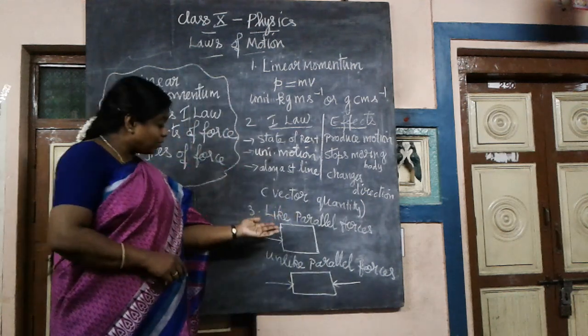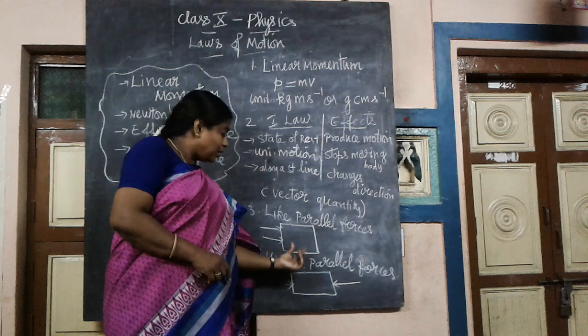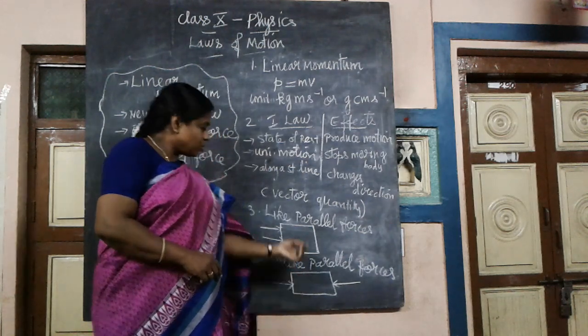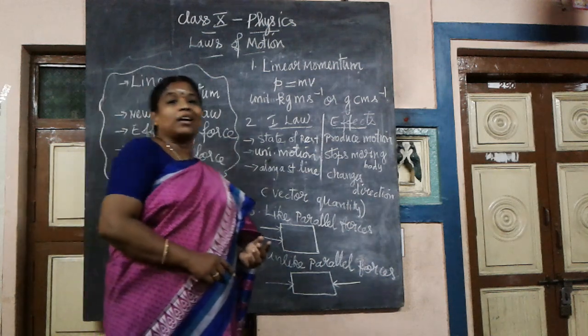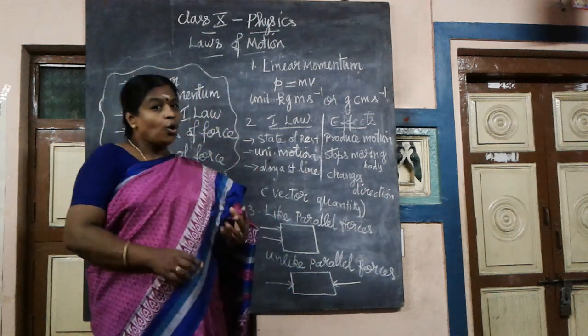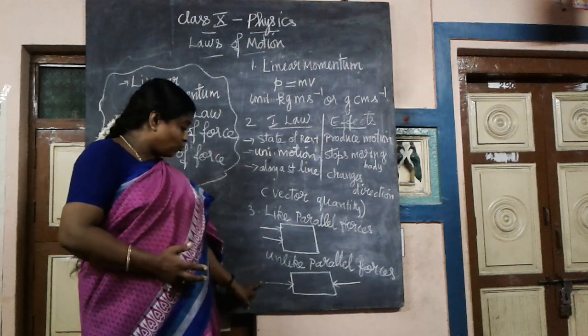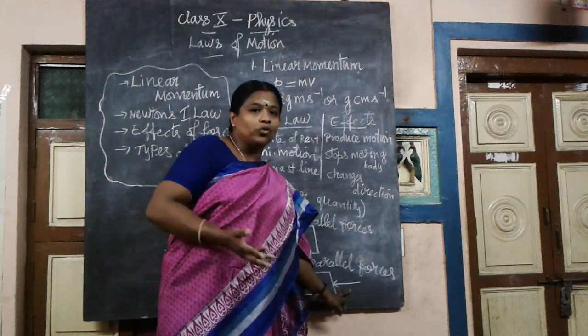So that is what I have in a simple diagram, schematically represented here, right? So first let us explain what is like parallel force. When two or more, here I had represented only two forces, you can have more forces also.